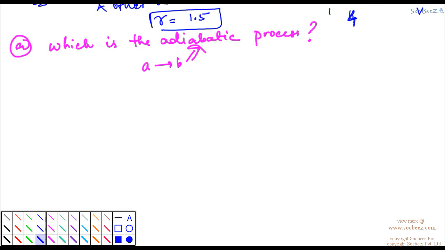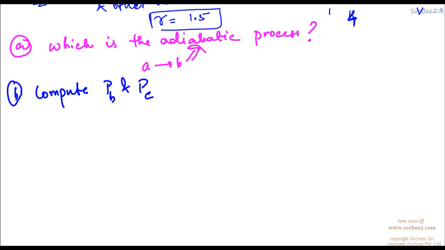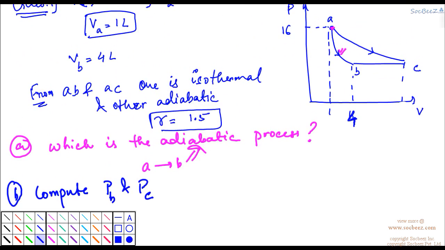Now let's try to answer the second part, which says to compute the pressure PB and PC. Now we know that this process is adiabatic.